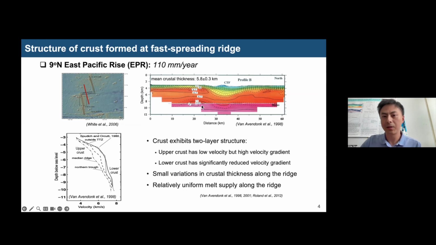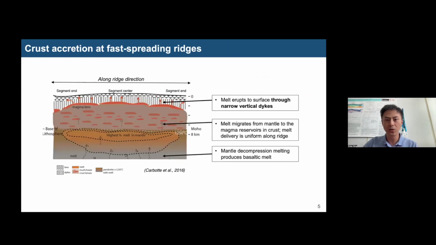And in the tomography model, this white line indicates the Moho, and we can see the crust has a very small variation in thickness along the ridge axis. And this suggests relatively uniform melt supply along the ridge. So this leads to the development of this model.